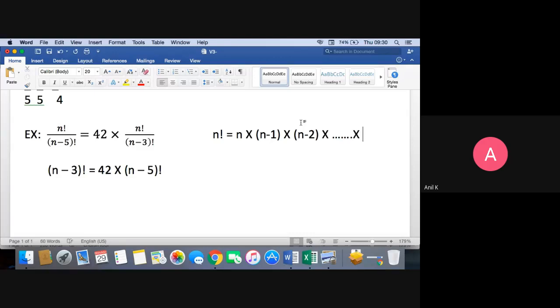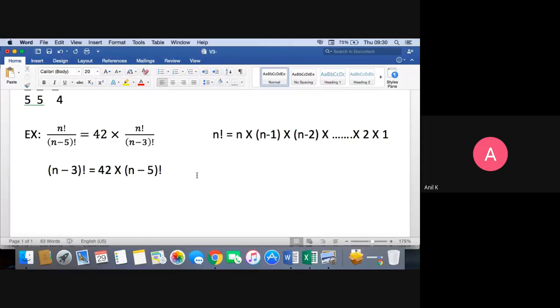It will go till 2 multiplied with 1. Once I reach 1, I stop. The numbers keep decreasing: n is bigger, n minus 1 is smaller, n minus 2 is smaller again, then n minus 3 is smaller than the previous numbers, right? So here what I have to expand is n minus 3 factorial.